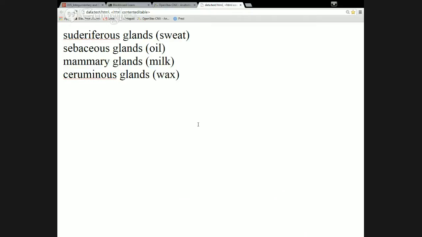I do want to talk a little bit about sweat glands, the two different types that the book talks about. There are eccrine glands and apocrine glands. Now, crine, C-R-I-N, means to secrete. So like endocrine or exocrine is about secreting into or out of your body. So those two words, eccrine and apocrine, are just words that have to do with secretions.